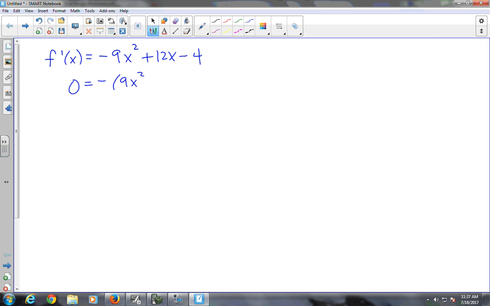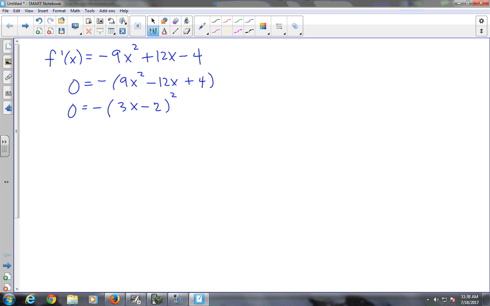We'd have 9x squared minus 12x plus 4. Observe that this is a perfect square trinomial, so it would factor as 3x minus 2 times 3x minus 2, or 3x minus 2 quantity squared.